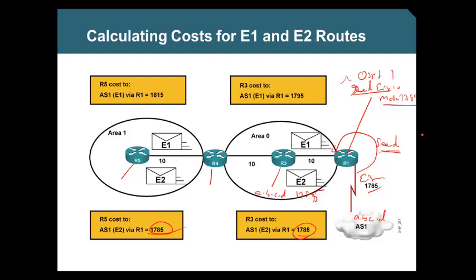That's why they say it is seed metric. If you give 1785, then the path cost 10 will get added, then it will become 1795, 85 will become 95, and here again another 10 will be added, 1805, again another 10 will be added, 1815. So it keeps growing.